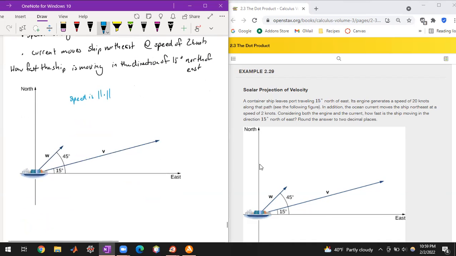All right, so what we want here then is the scalar projection.